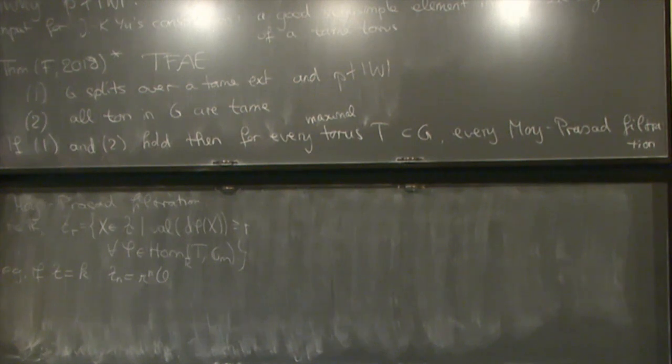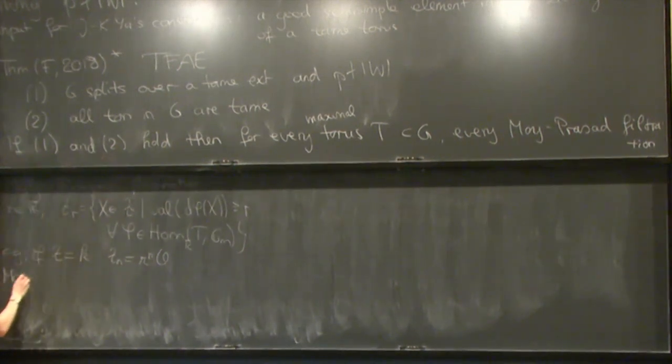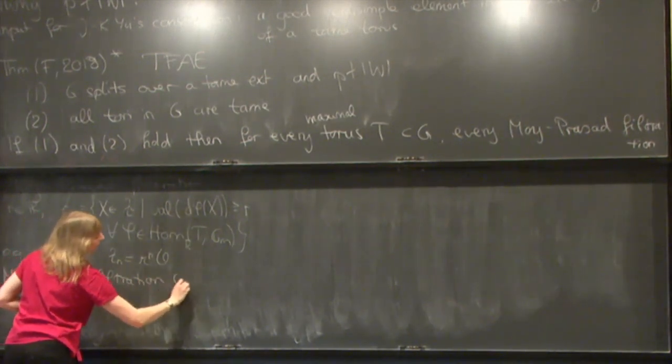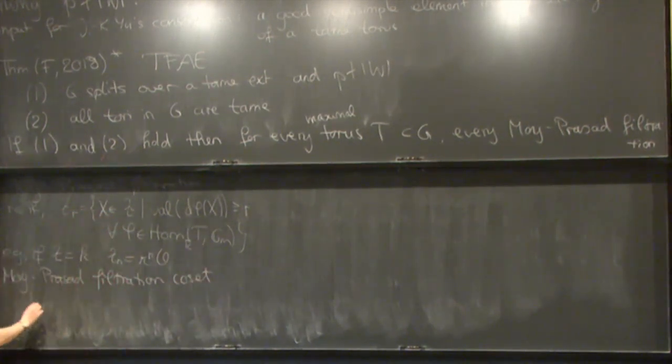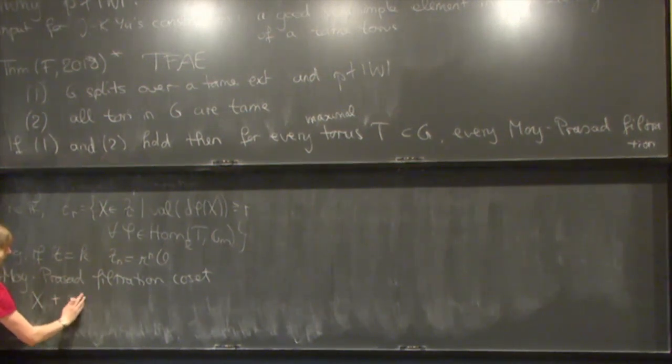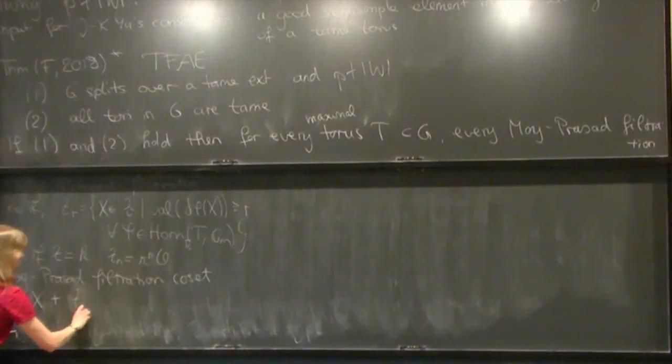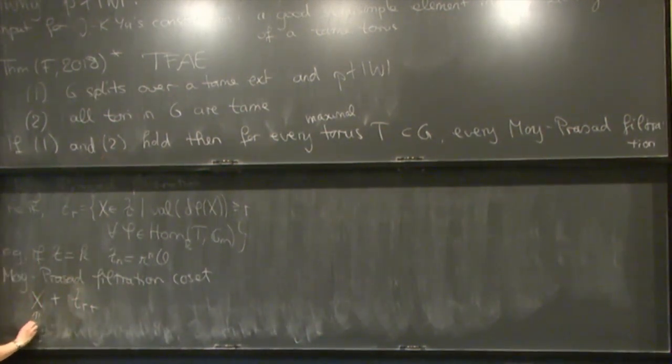Yeah. And then, to be a Moy-Prasad filtration coset. A Moy-Prasad filtration coset is just something of the form X plus T sub R plus, where X lives in the R's filtration subgroup.